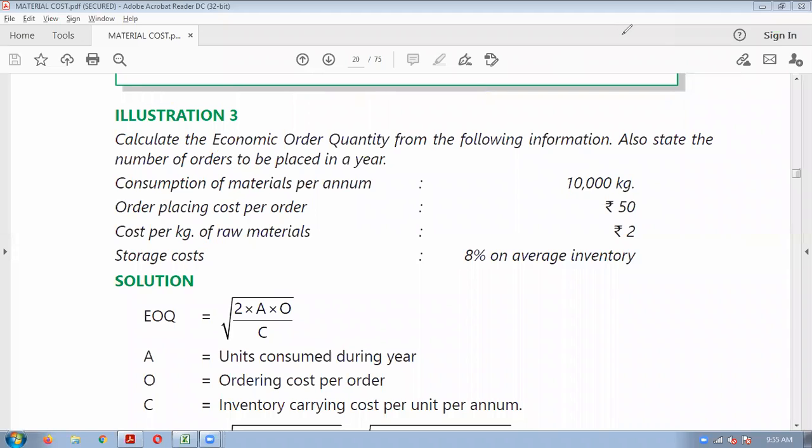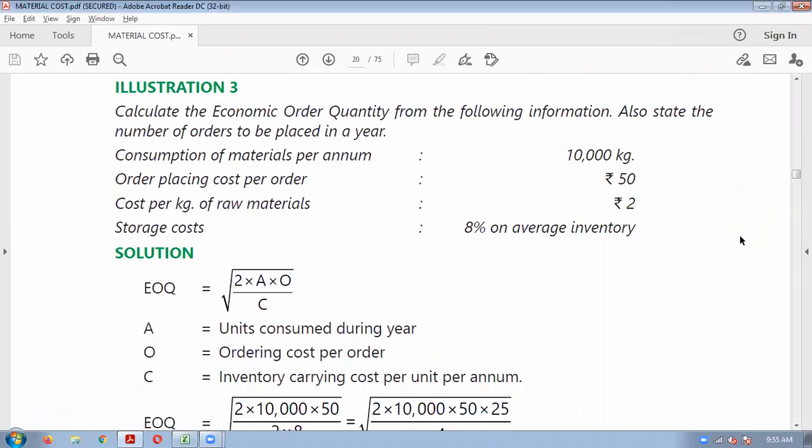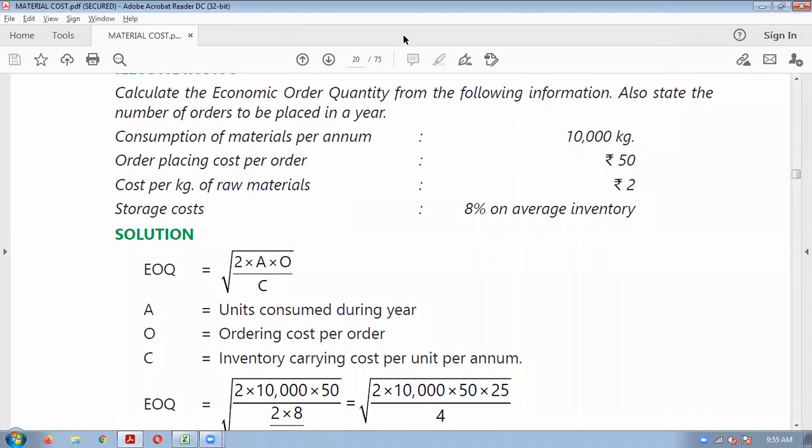EOQ is equal to square root of 2 into A, that is annual demand, into O, ordering cost, divided by C. So write the formula, everybody.